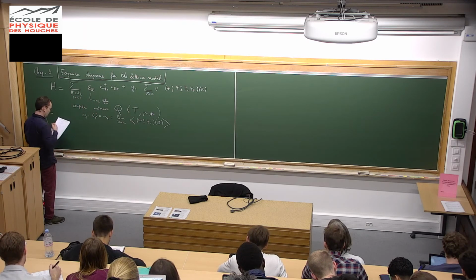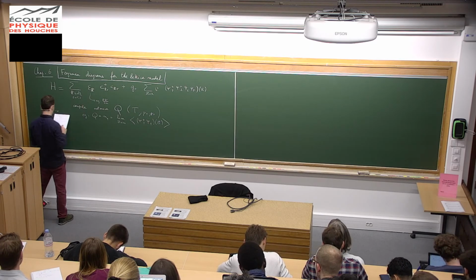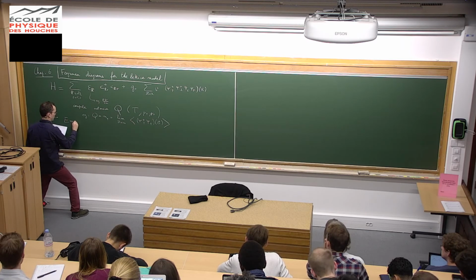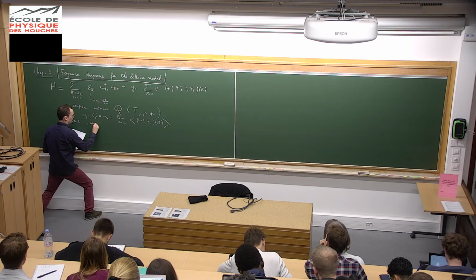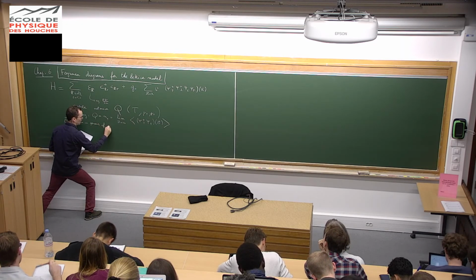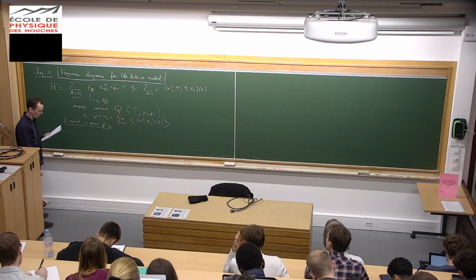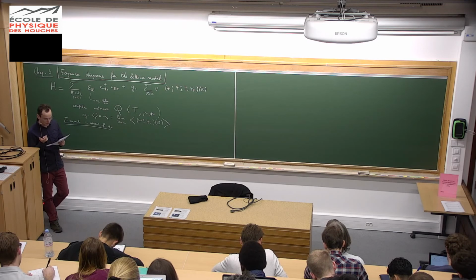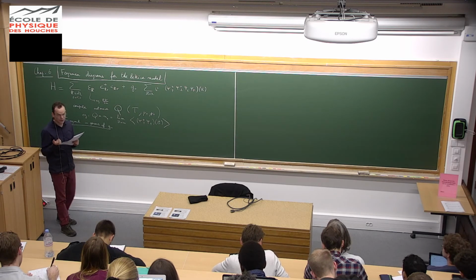So the idea is very simple. Here we can just expand in powers of the interaction, in powers of g0. And it turns out that the coefficients of this expansion can be represented by Feynman diagrams.